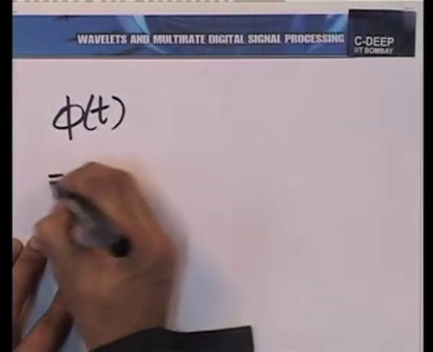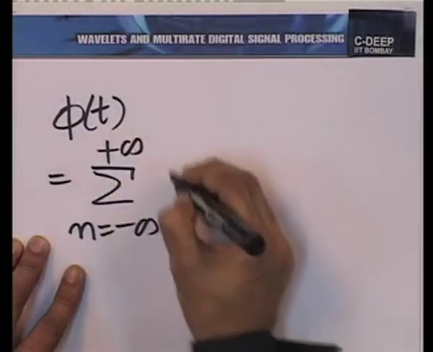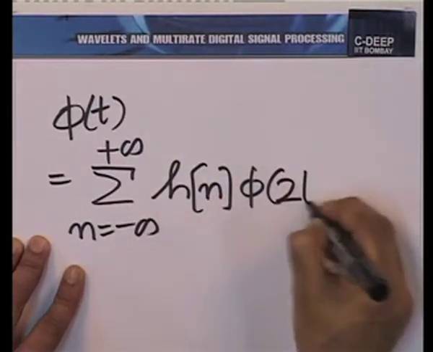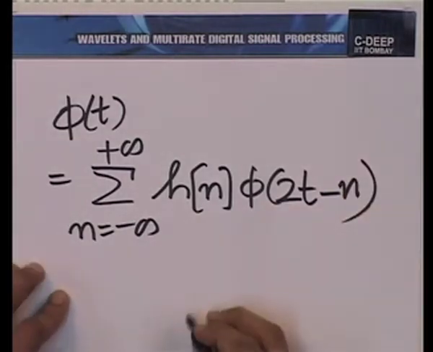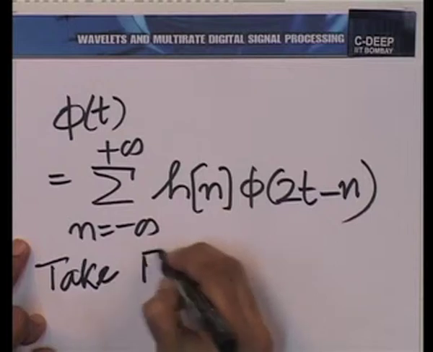So, let us take this very general dilation equation. phi(t) is summation n going from minus to plus infinity h[n] phi(2t minus n), and we take its Fourier transform on both sides.